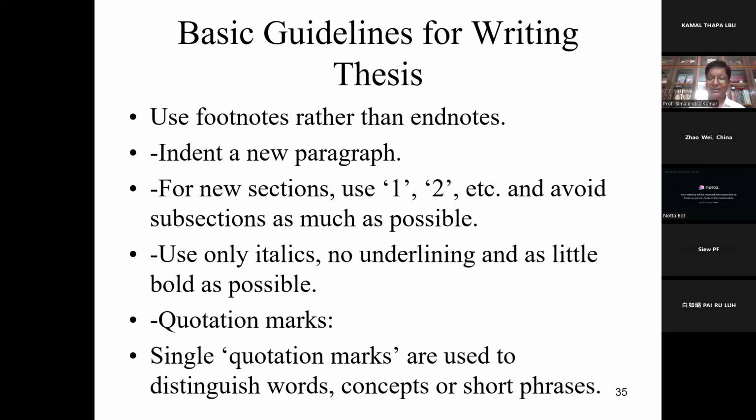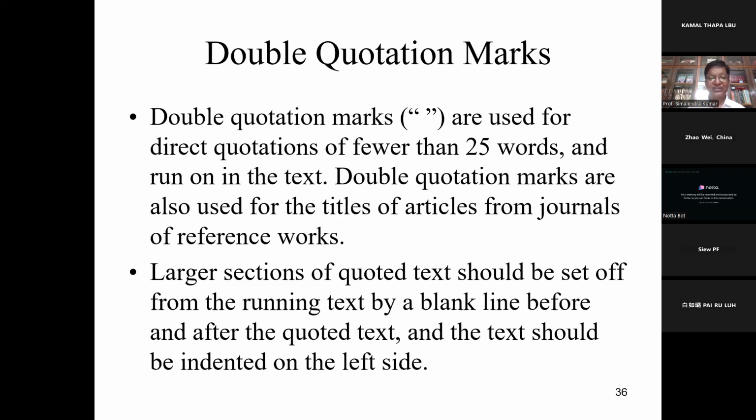Single quotation marks are used to distinguish words, concepts, or short phrases. So if there are less than 25 words, direct quotations are given the double inverted comma, and single inverted comma if there are only technical terms like satipatthana or kayanupassana or chittanupassana. So some terms need only single inverted comma.